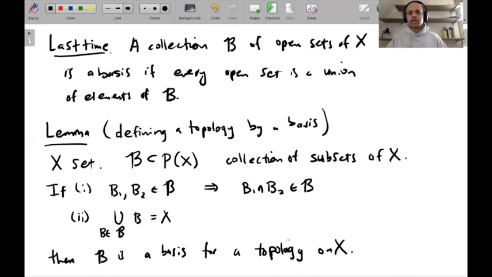Okay, so in this way you can define a topology if you start with a collection of subsets B satisfying these two properties.